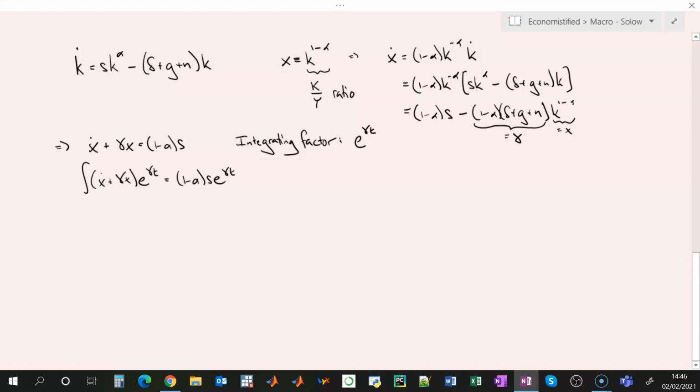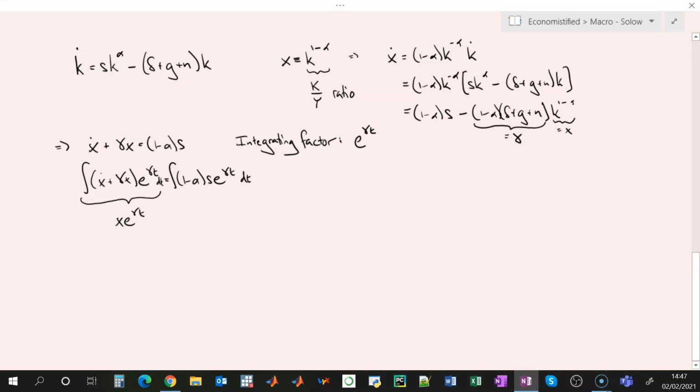And now I'm going to integrate both sides with respect to time. The reason we introduce this integrating factor is because the integral of this term here is just x times e to the gamma t.